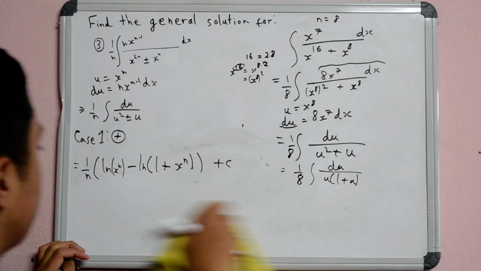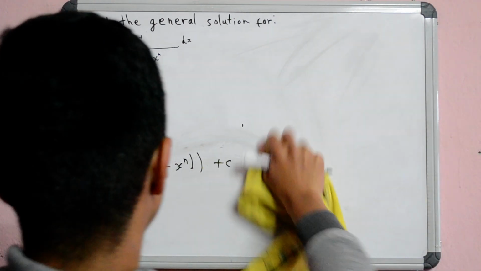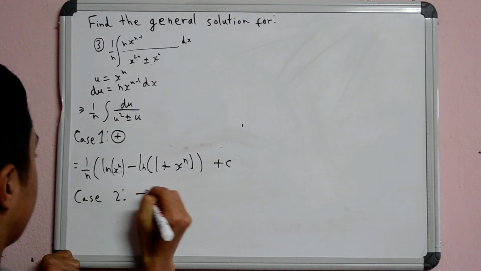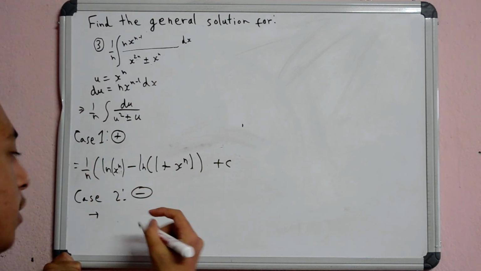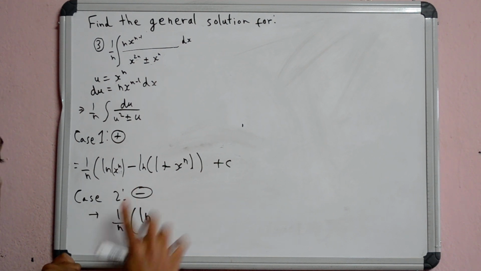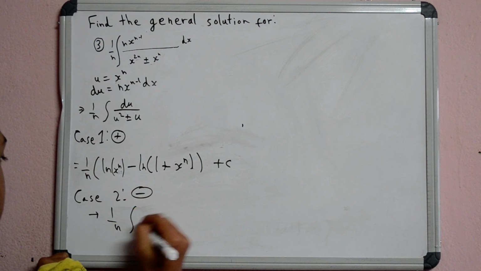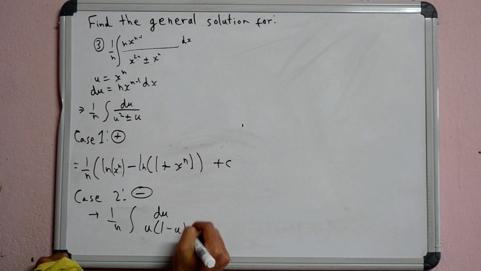But what if the case was negative? So case 2 is negative. Now in both of these cases we will have to use the partial fraction method. So it will be 1 by n ln, oh wait, we have to solve the integral first. 1 by n integration du by u square minus u, which is taking u common, minus u.